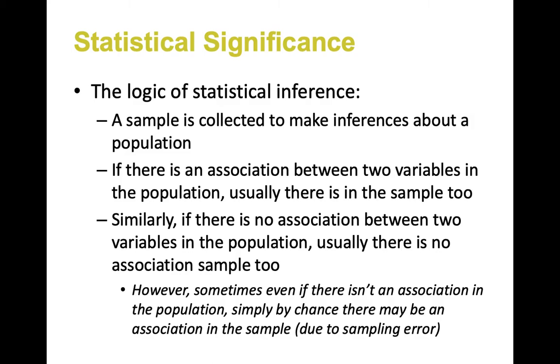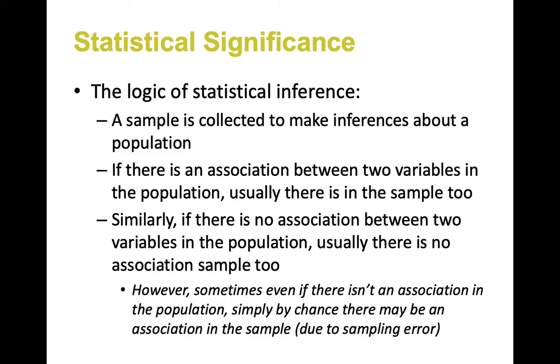Similarly, if there's no association between two variables in a population, usually there's no association in the sample either. However, sometimes, even if there isn't an association in the population, simply by random chance, there may be an association in the sample. And that's due to something called sampling error.